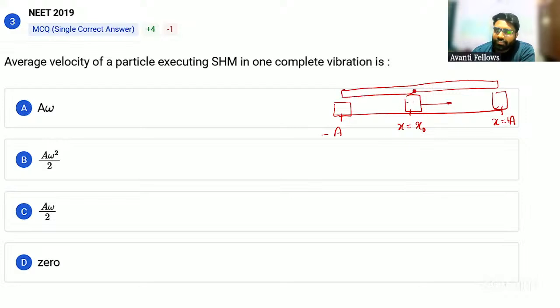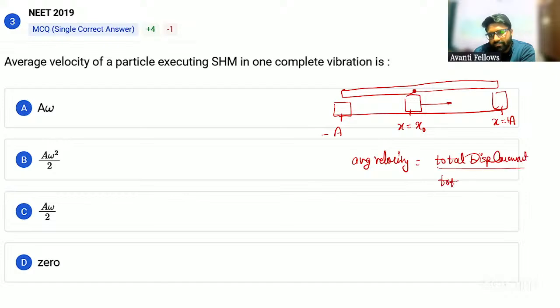So in this total journey, if I ask what the average velocity is, what is the formula? Total displacement upon total time taken.